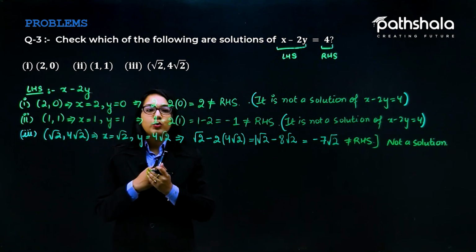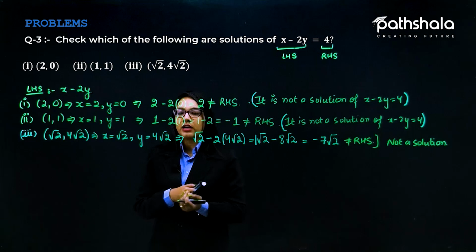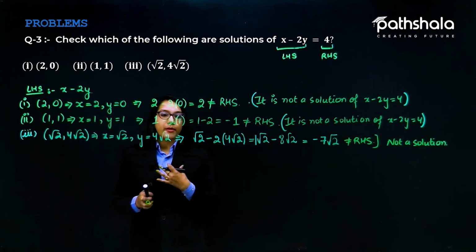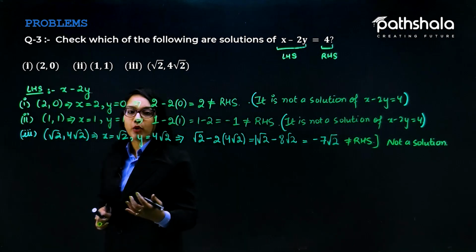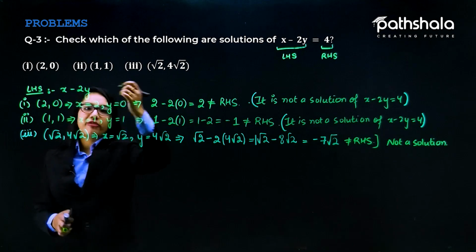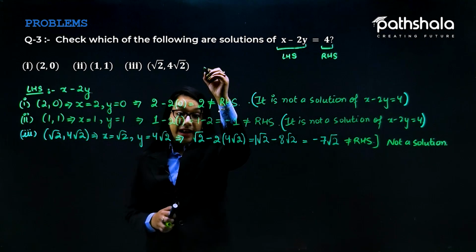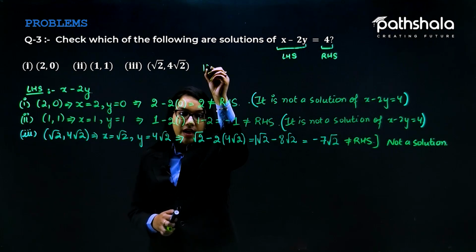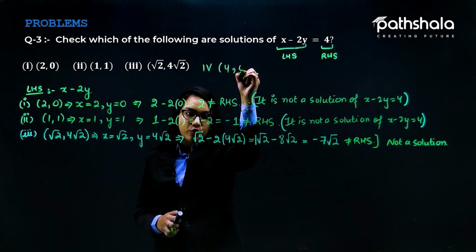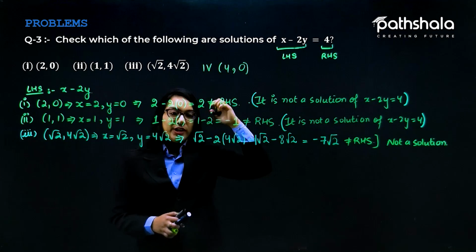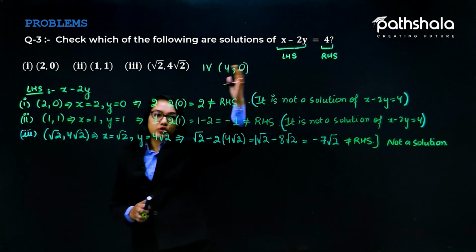But let us suppose I take a particular point all by myself. Let us suppose I add a fourth part as 4 comma 0. Let's check whether 4 comma 0 is a solution or not.